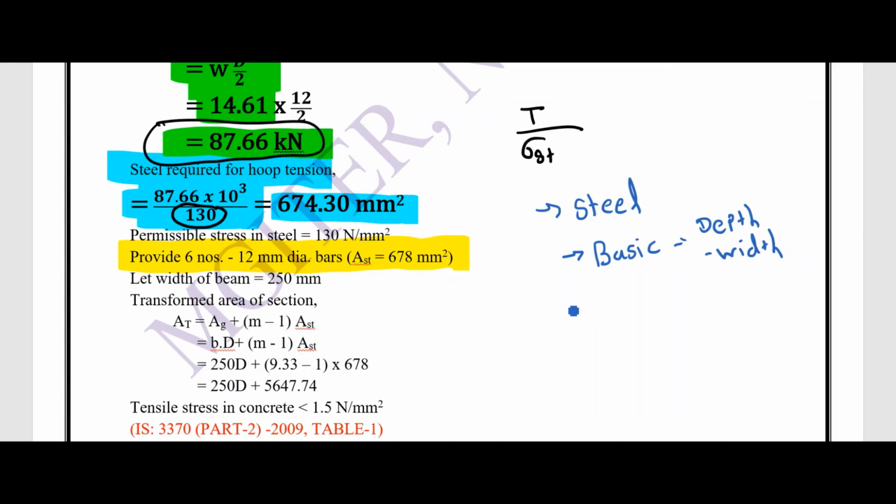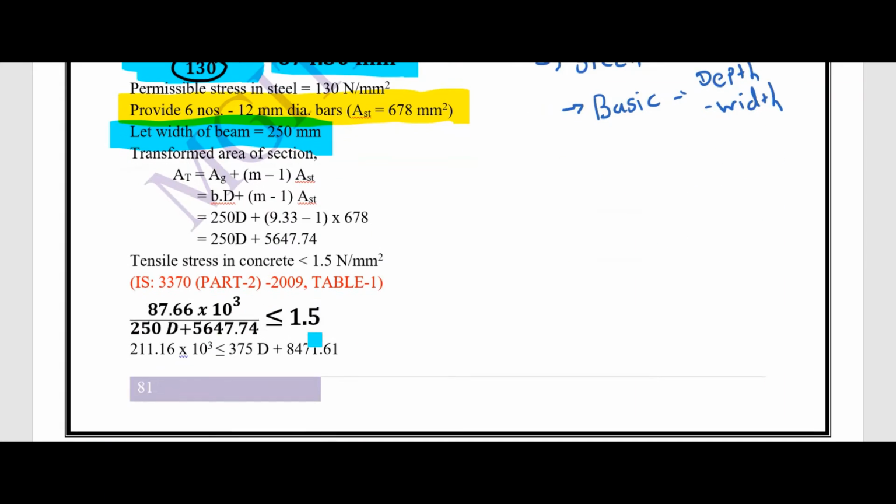So here we are going to calculate the width and depth of the beam. We assume 250 mm is the width of the beam. Now we are going to transform the area of section.